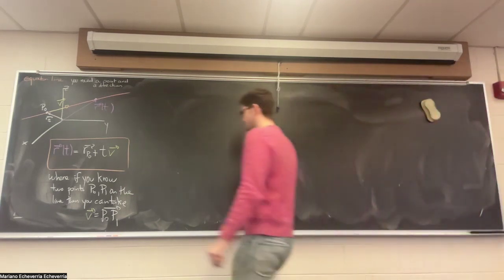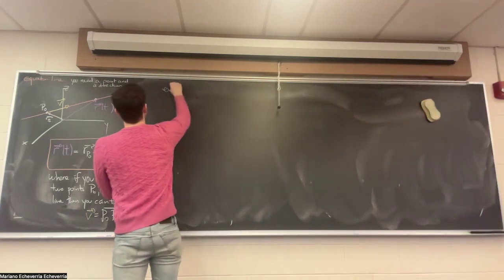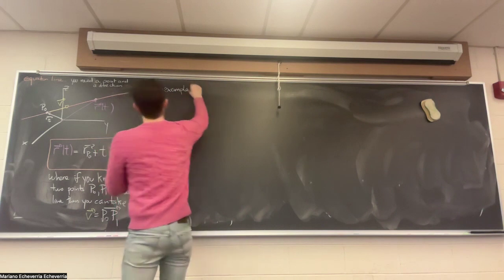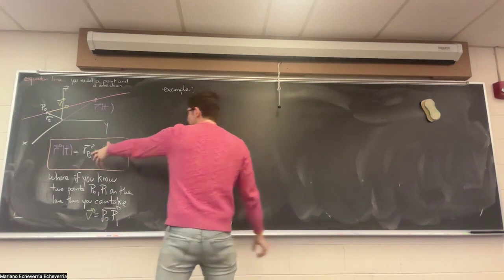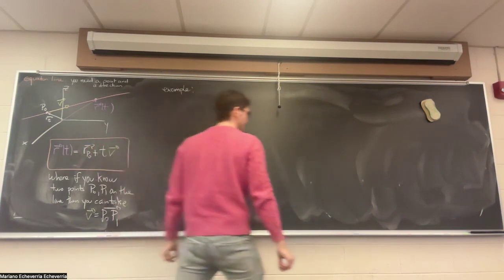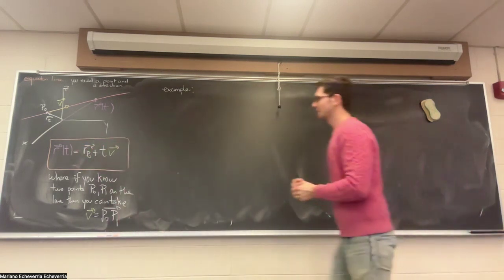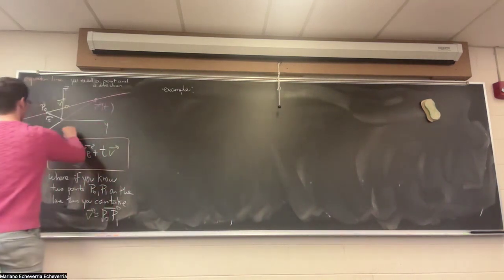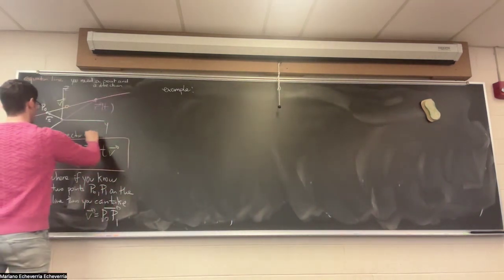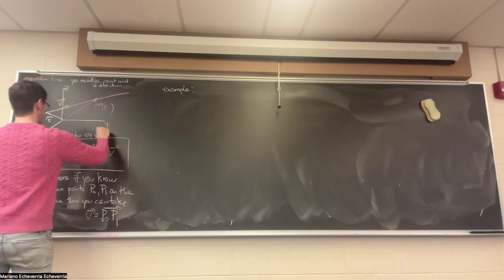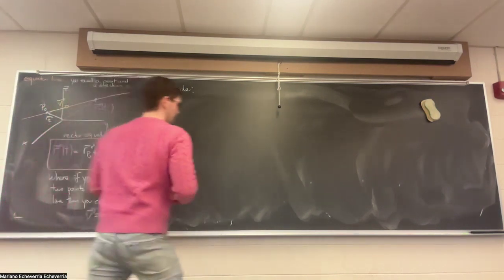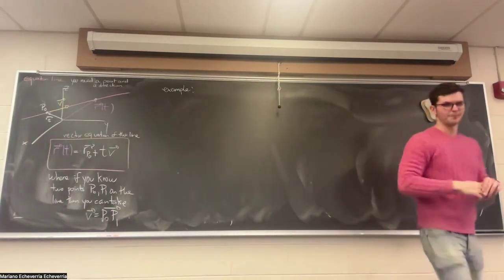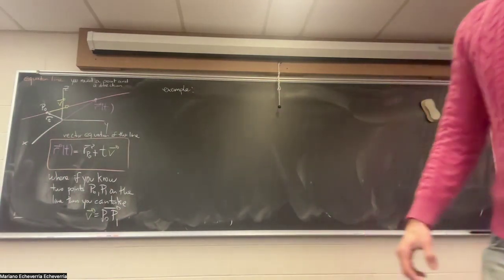This is sometimes also called the vector equation of the line, because you're using vectors. So let me call this the vector equation of the line. I'll rewrite it in a way that's easier to compare with the version for the plane.